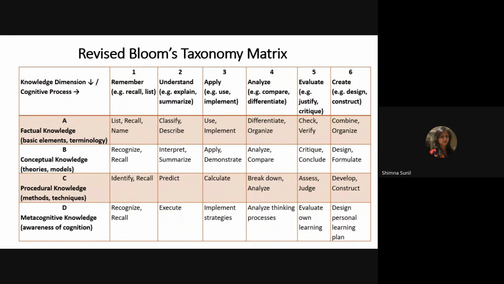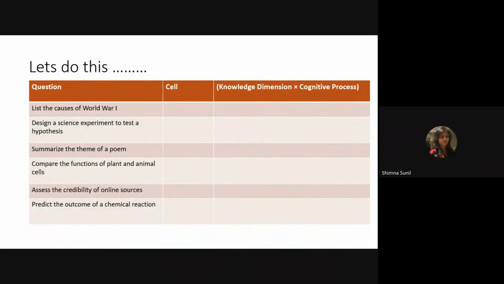That's a bold move. Teachers have to be smart. B2. Okay, fine. Next, compare the functions of plant and animal cell. There's a science question here. We are comparing, friends.